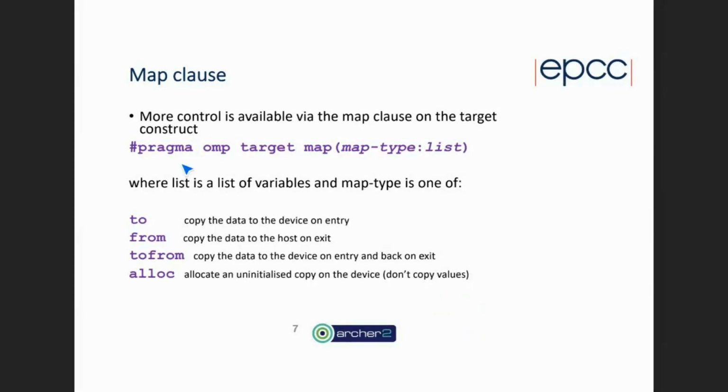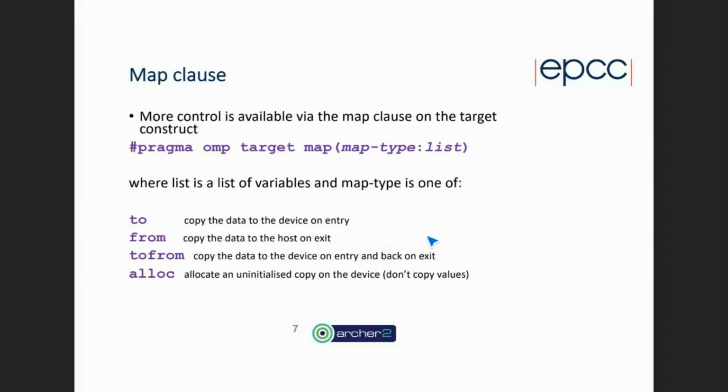So it looks like OMP target map, and then a map type, colon, list of variables. The map type can be to, which means copy the data from the host to the device at the start of the target region. From says copy the data back to the host on exit.